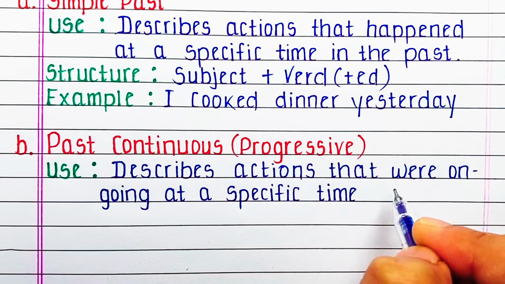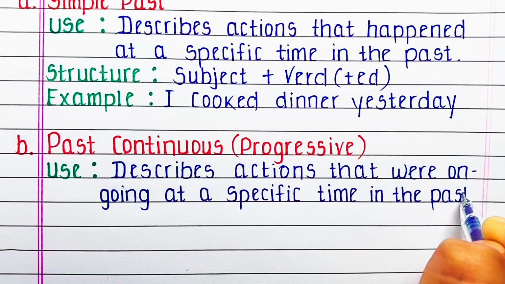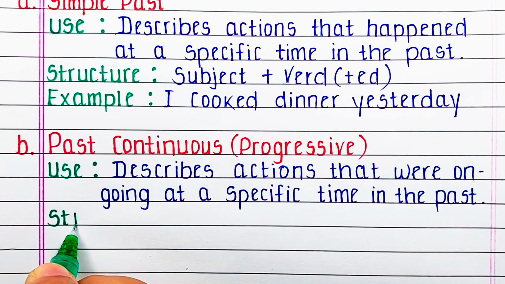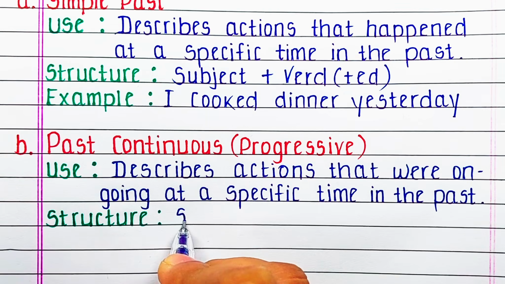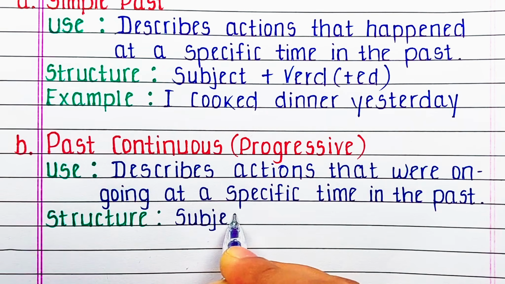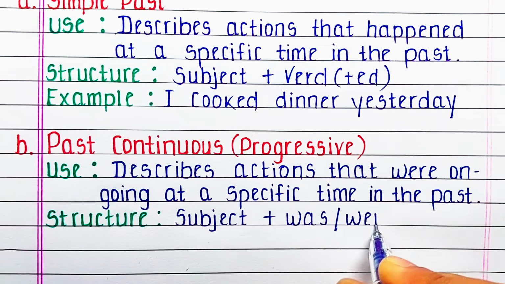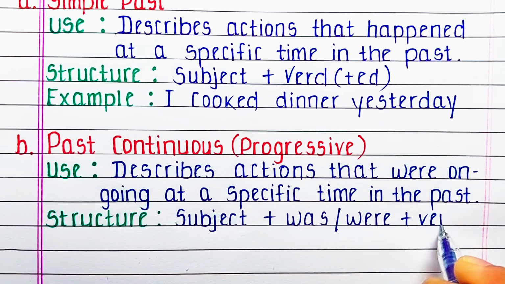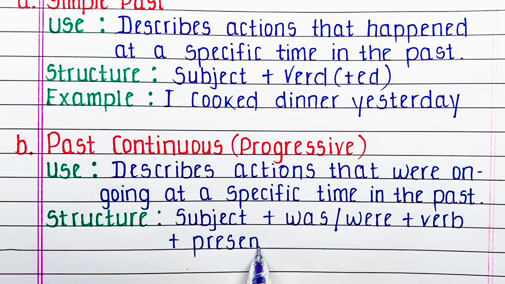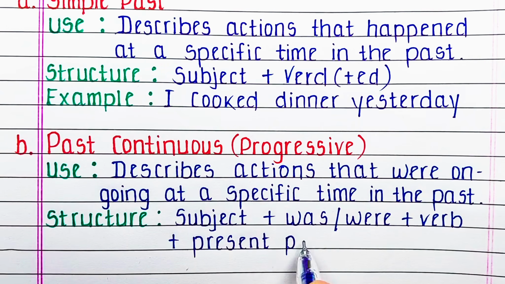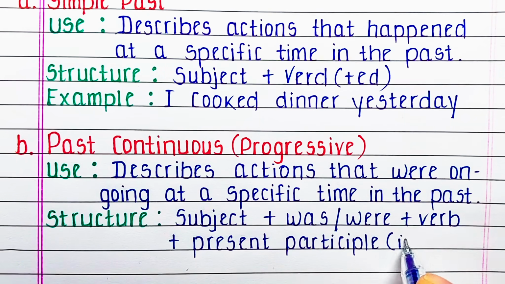Use describes actions that were ongoing at a specific time in the past. Its structure must be subject plus was or were depending upon singular or plural noun plus verb plus present participle, that is ing.